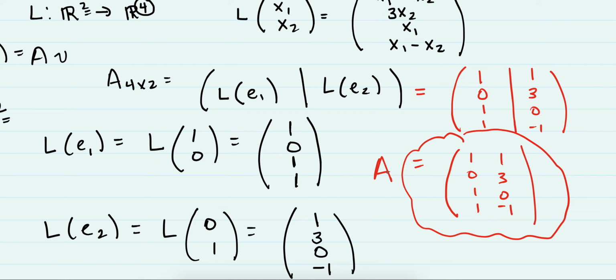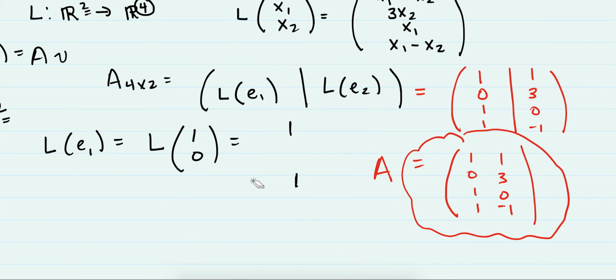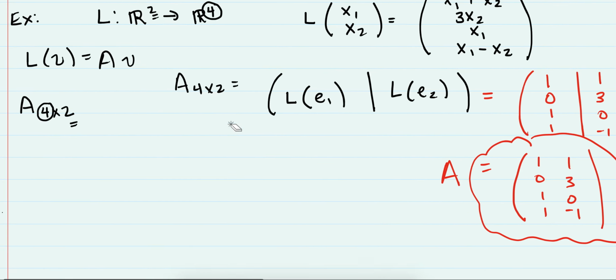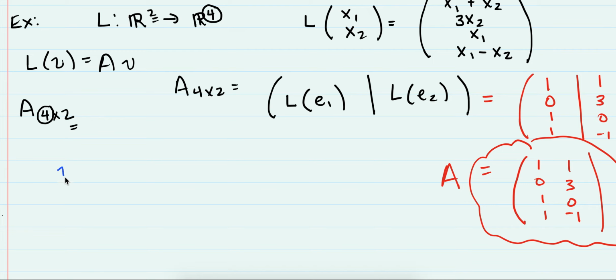All right, how can we check this? How do we know for sure? Let's put in a test vector. I'm going to erase this stuff so I have a little bit of room. Let's come up with a vector v. I'm going to use the vector (2, negative 4).